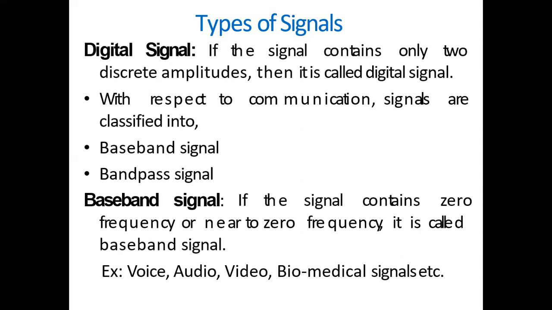For example, biomedical signals, video, audio, voice. All these are baseband signals. If we want to transmit these baseband signals, we need to go for the process of modulation, where we convert our low frequency signal into a high frequency signal. In next sessions, we will see those things in detail.